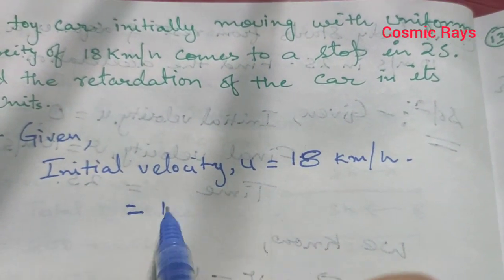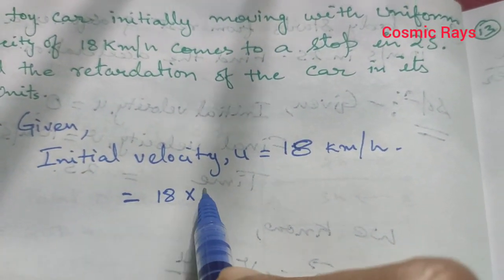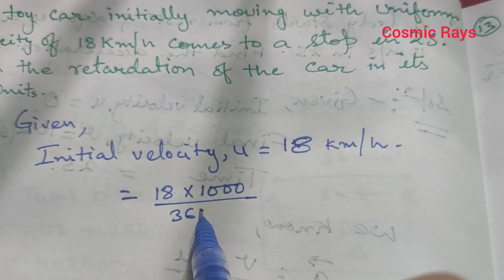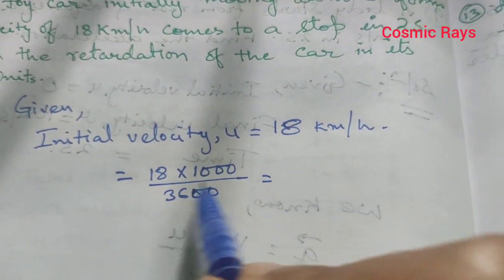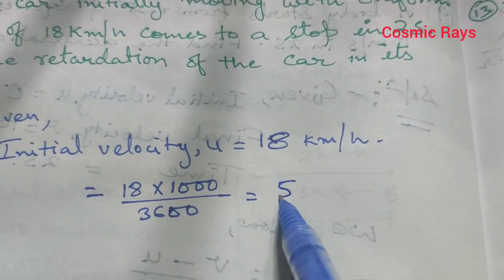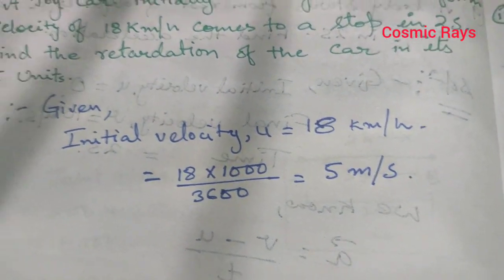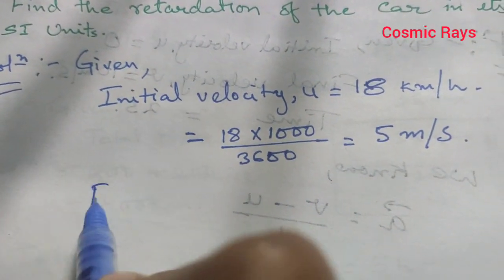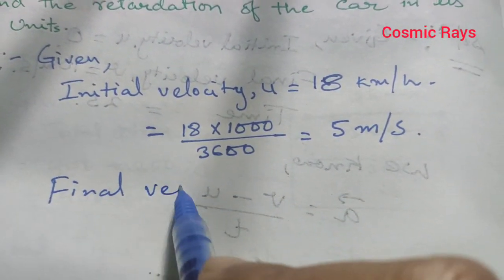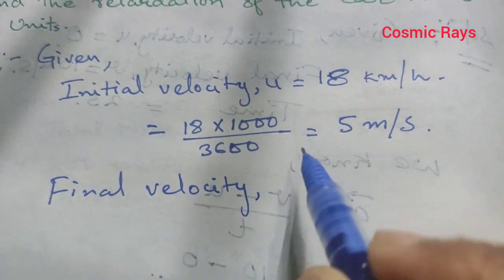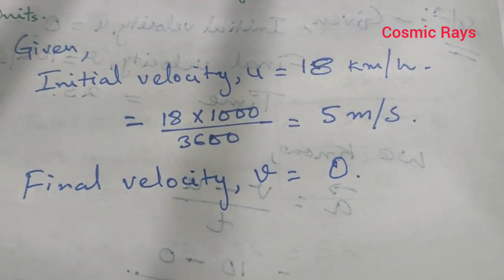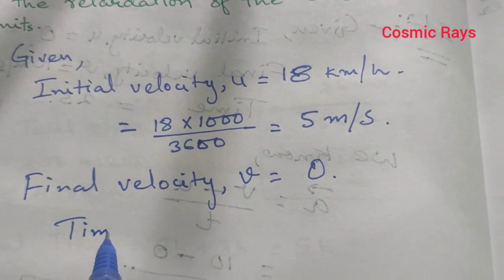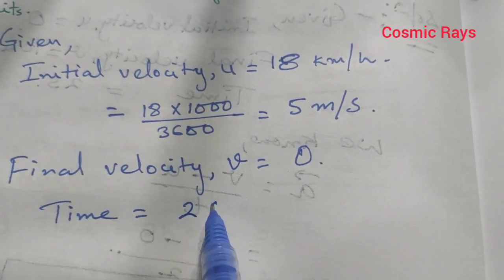So this is equal to 18 into, from kilometer to meter, it's 1000 divided by 3600. So after simplifying we will get 5 meter per second, and it comes to a stop, means the final velocity v is 0 because it's coming to a stop, and the time taken, time is equal to 2 seconds.